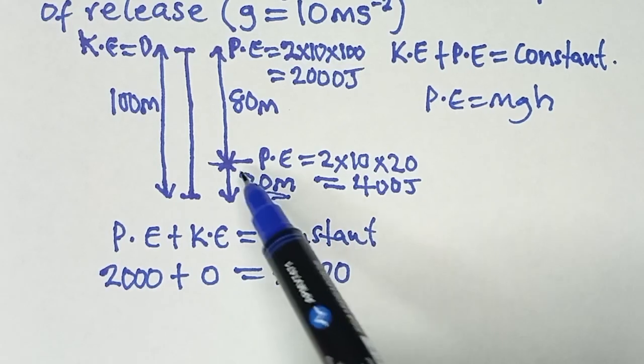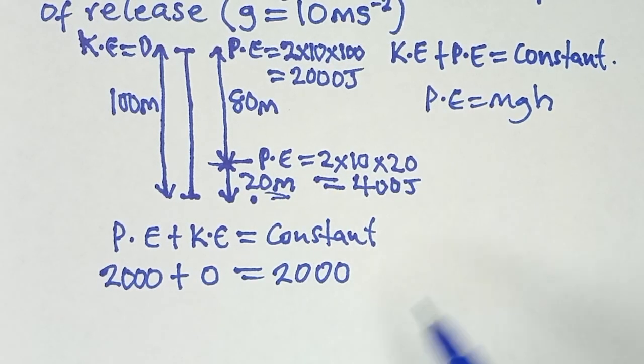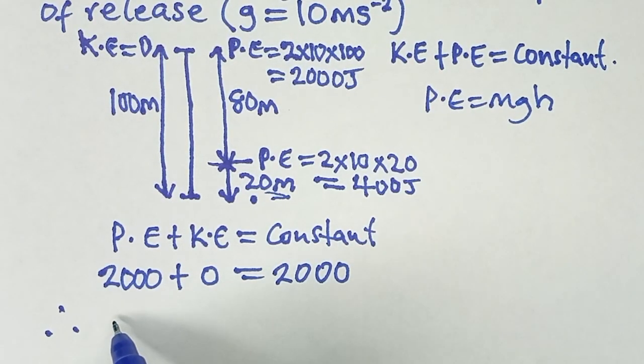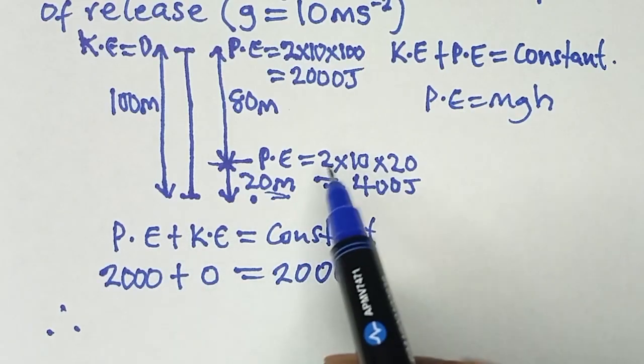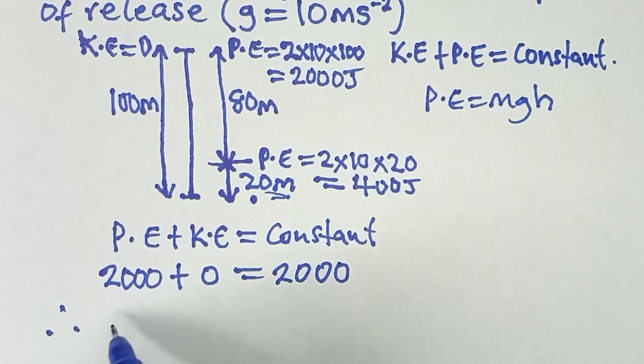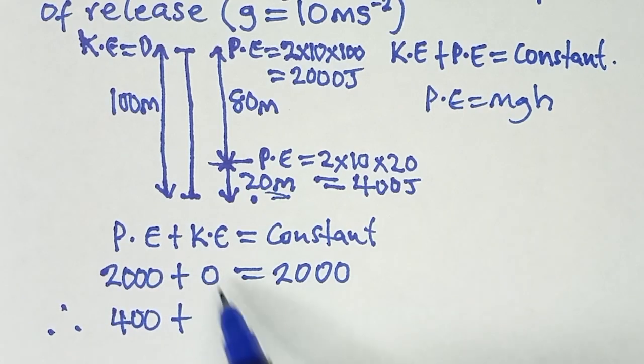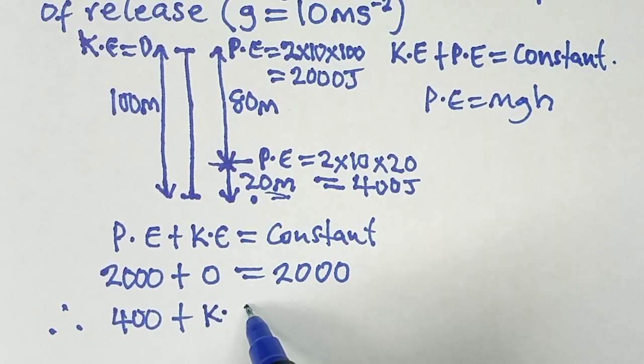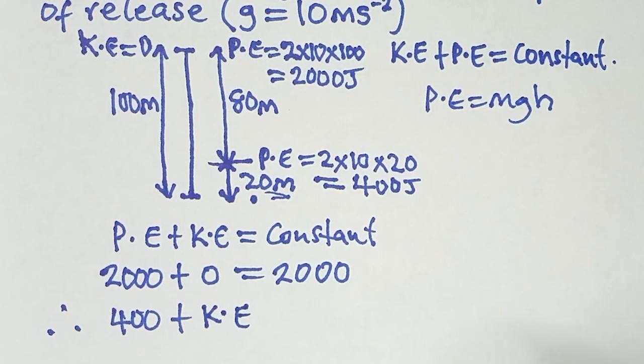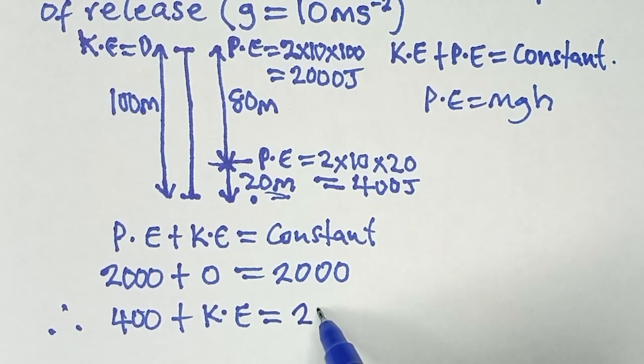Now, at the level that we're looking at now, the potential energy at that level is 400. That is 400. Plus the kinetic energy at that level, and that is what we are asked to calculate. The kinetic energy at that level is what we are calculating. And everything should be equal to the constant value, 2000.